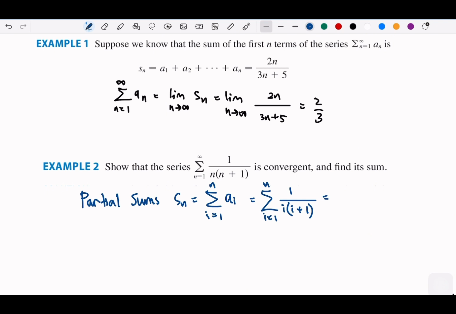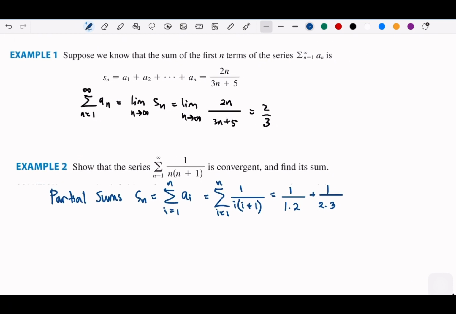So we can write 1 multiplied by 2, and then plus 2 by 3, right? And we end up until here.